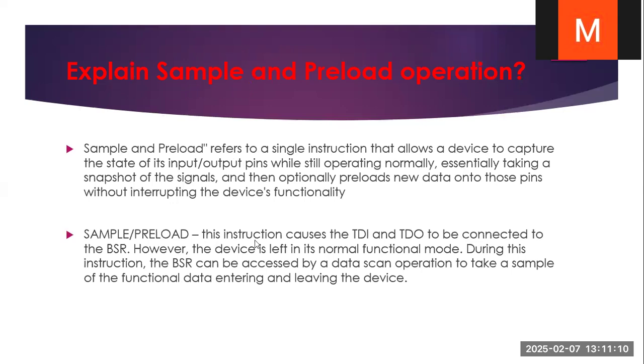This instruction causes the TDI and TDO to be connected to the BSR, the boundary scan register. However, the device is left in normal functional mode. During this instruction, the BSR can be accessed by a data scan operation to take a sample of the functional data entering and leaving the device.